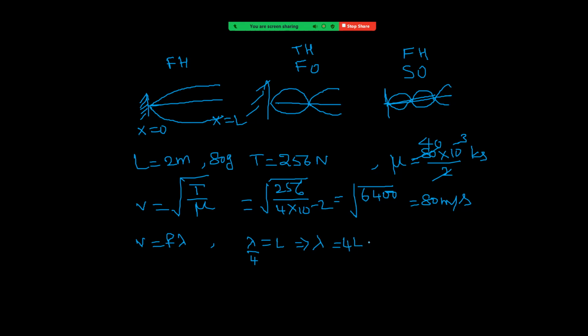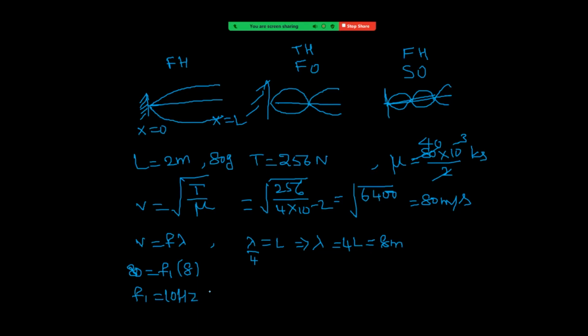That means in the first harmonic the lambda value is 8 meter. Taking V as 80 and this as F1, F1 into lambda value 8, so F1 equal to 10 Hz.